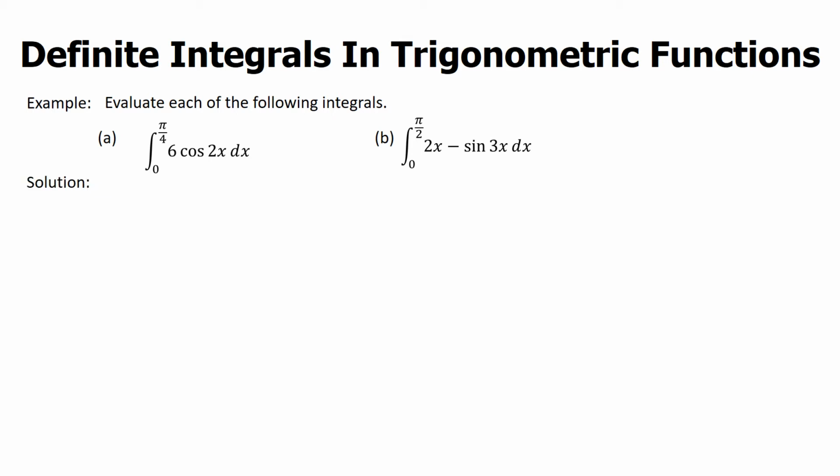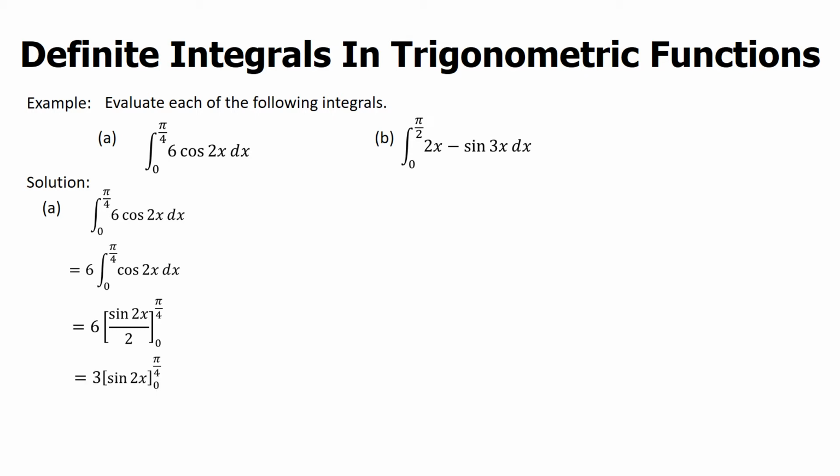Here is the solution. For A, integration from 0 to pi over 4, 6 cosine 2x dx, we can take out the constant 6, which becomes 6 integration from 0 to pi over 4 cosine 2x dx, so that the constant won't affect your integration. Now we can perform the integration, which gives us 6 times sine 2x over 2, limit from 0 to pi over 4.